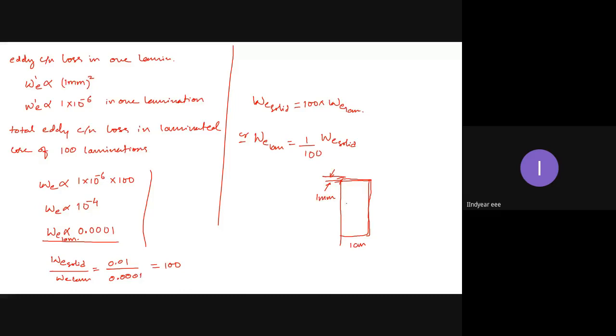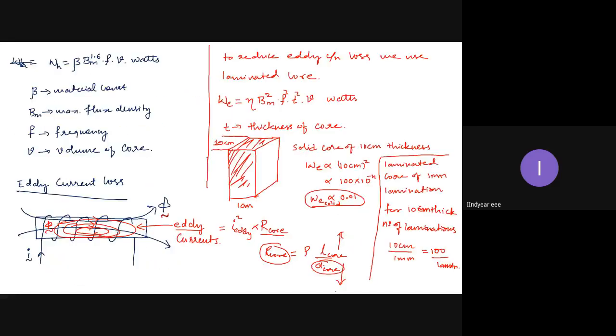Now what is the area? 1 millimeter by 1 centimeter. It was 10 centimeter square, now it is 1 millimeter into 1 centimeter. The area has decreased. When the area has decreased, my resistance has increased. So with the increase in resistance, there is a decrease in eddy current.